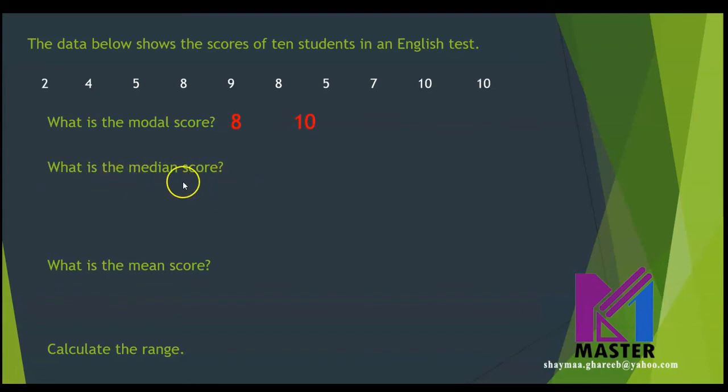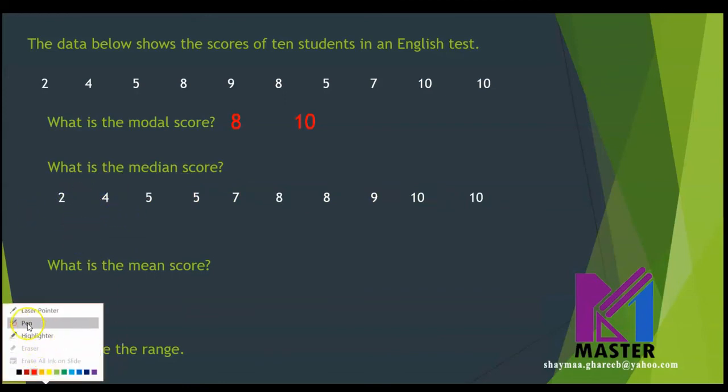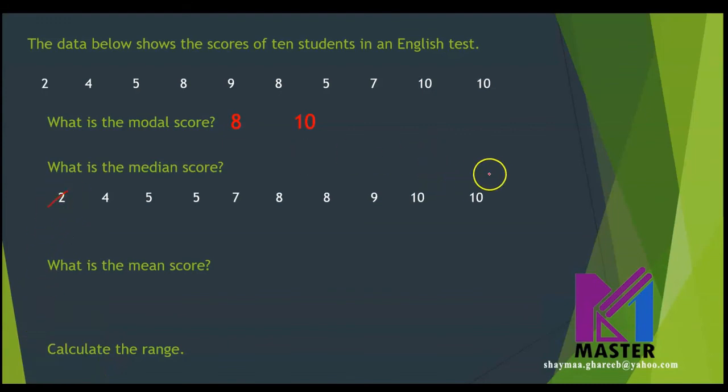Now, what about the median? The median, we said, is the number exactly in the middle. But first, we have to arrange all the data from smallest to the biggest. Then we start to cross the smallest value with the biggest value and keep crossing until you reach the number exactly in the middle.